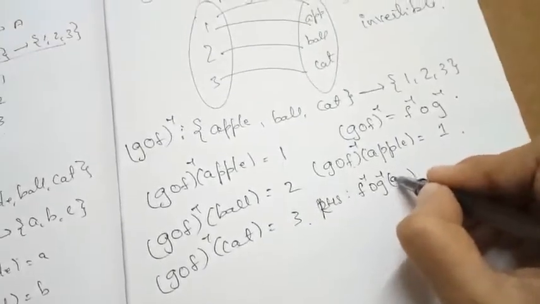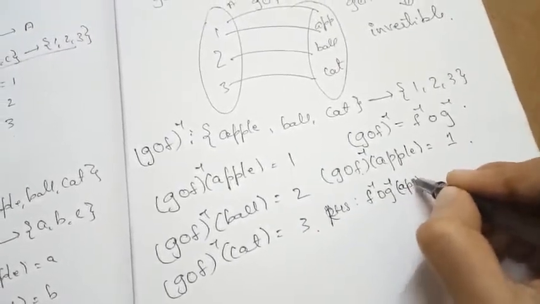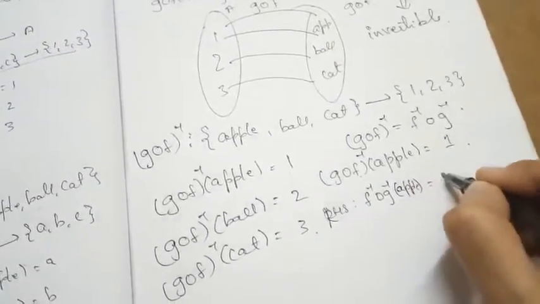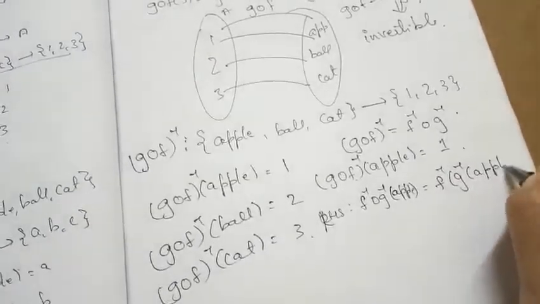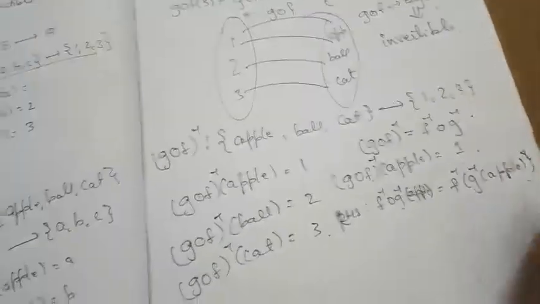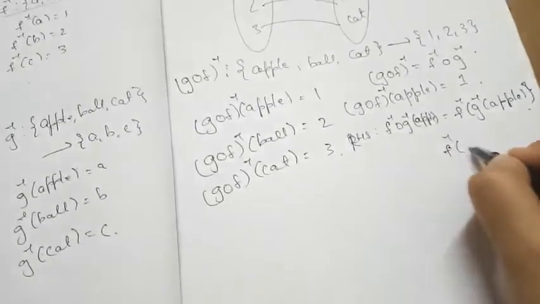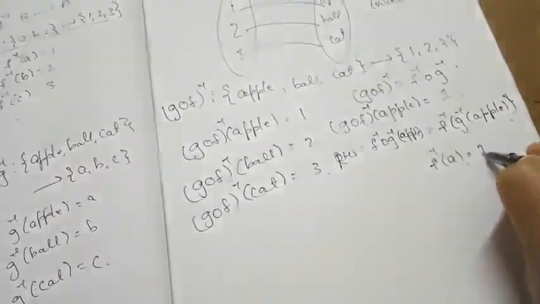That is, if I take f inverse of g inverse of apple, so what is g inverse of apple? g inverse of apple is A. What is f inverse of A? f inverse of A is equal to 1.